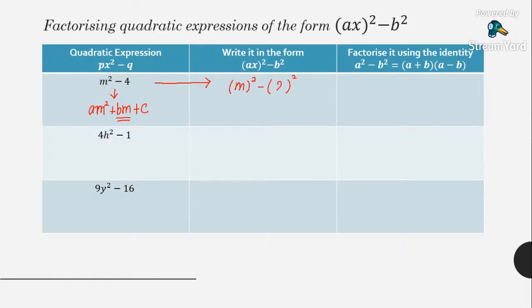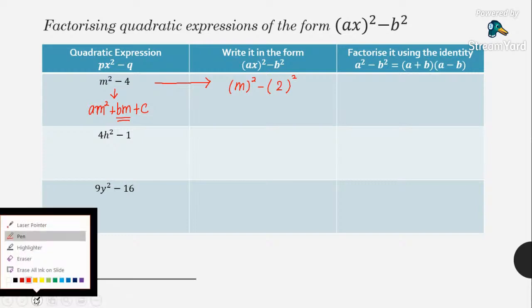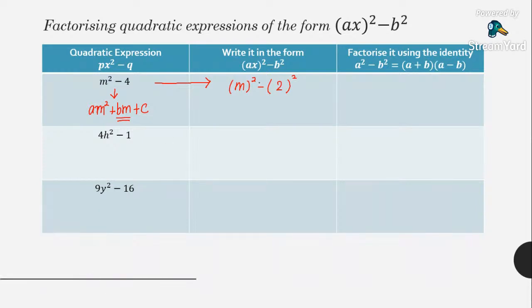So that is a 2. So you have to be careful to take note that the operations that we are using here is a minus. Okay, because the identity that we are going to use here can only be used when it is a squared minus b squared. So like a squared plus b squared cannot be written in this identity.